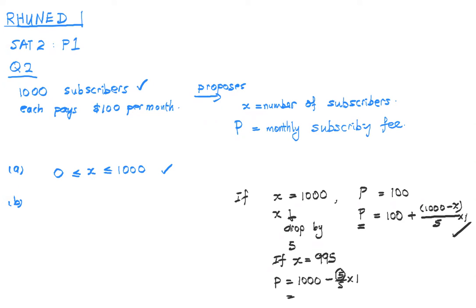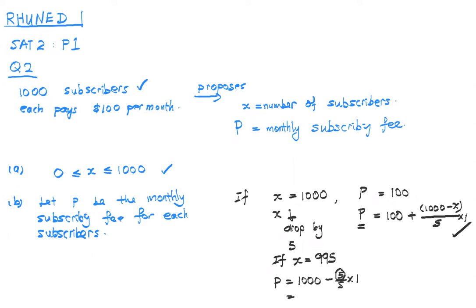Yes, miss. So when you do part B, you write down: let P be the monthly subscribing fee for each subscriber. You state it very clearly.